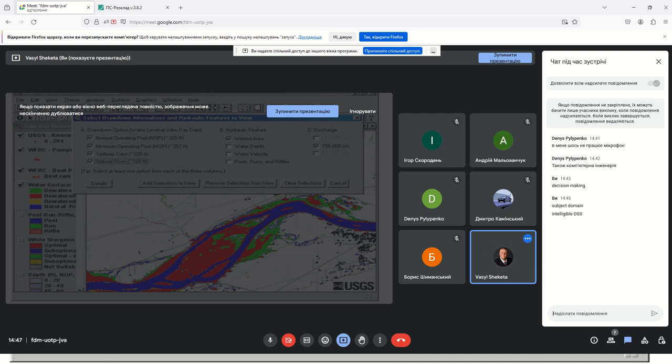decision making, because any kind of decision making should have some basement, and this basement is constructed from subject domain as SD, subject domain knowledge.